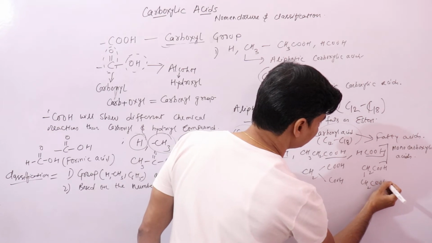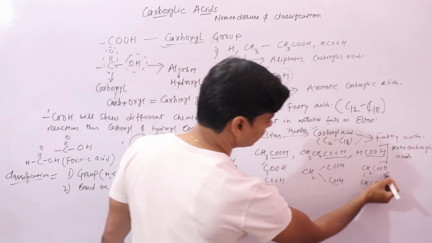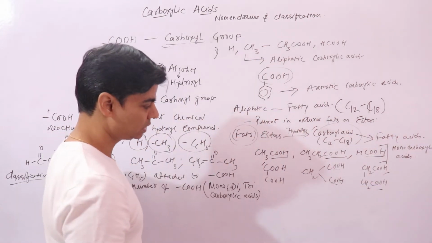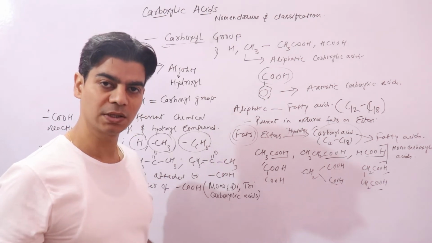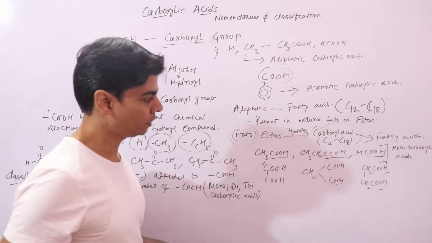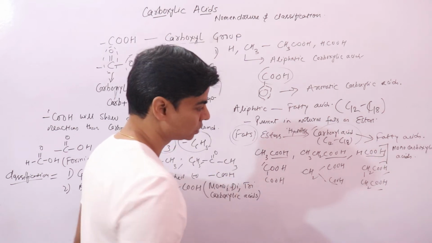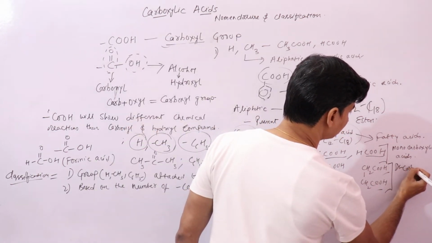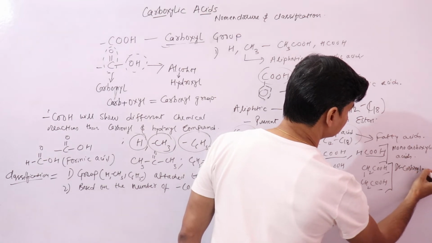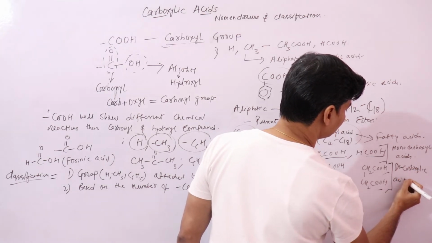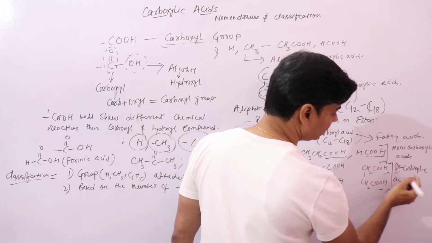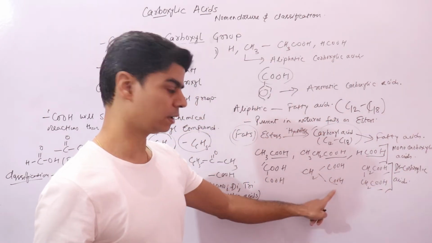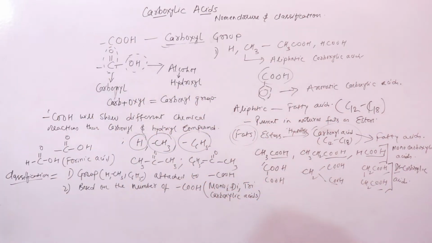All these acids, you can easily see, contain two carboxylic acid groups. So these are classified as dicarboxylic acids. Di means two, mono means one, that is, two carboxylic acid groups.